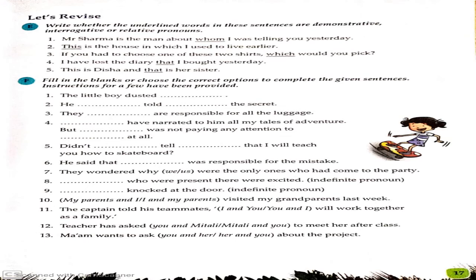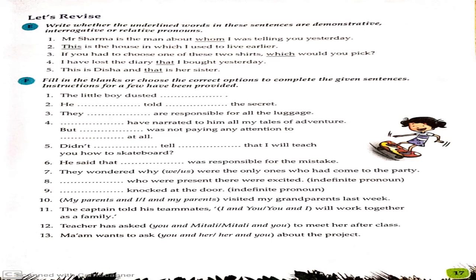So now let's revise. Write whether the underlined words in the sentences are demonstrative, interrogative, or relative pronouns. Okay. So number 1, Mr. Sharma is the man about whom I was telling you yesterday.